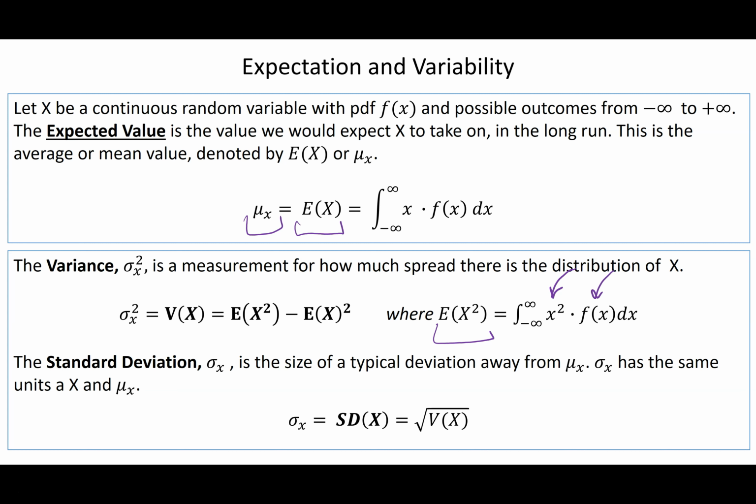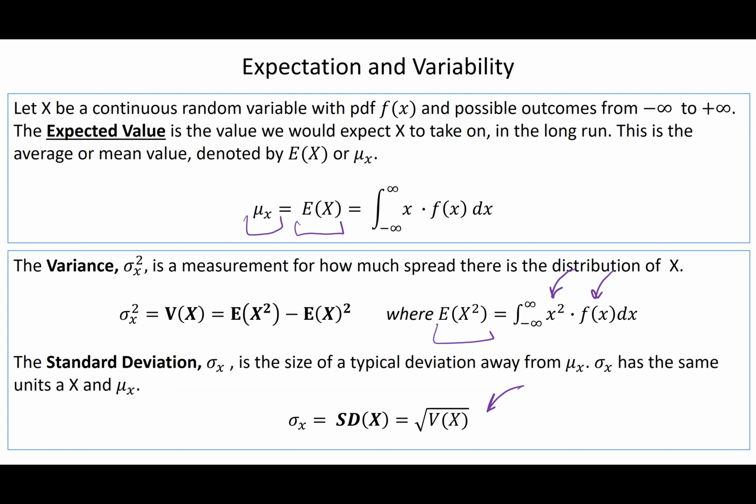The standard deviation, if you've calculated the variance, is just going to be the square root of the variance. It's nearly identical to the discrete case, except now we're not using summations, we're using integrals.